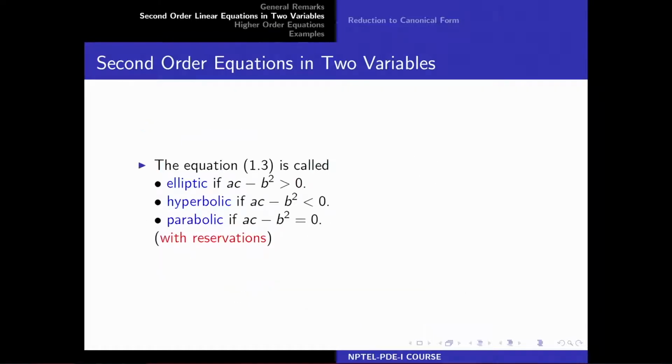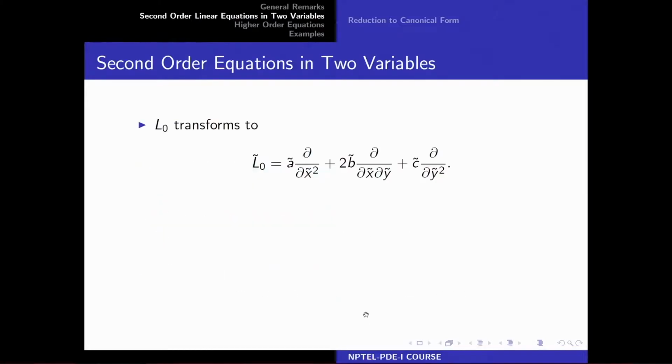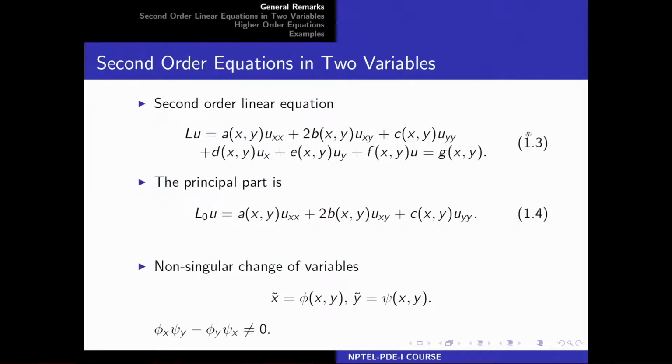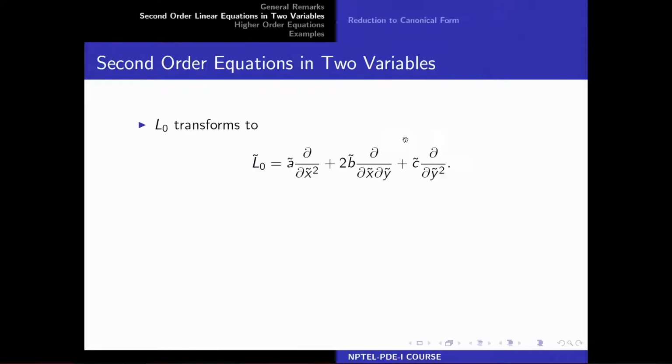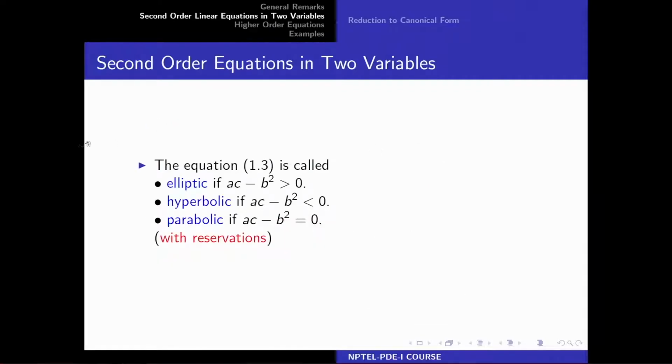And so, you immediately conclude that the equation 1.3, the second order equation, where only the first three terms matter, we call this elliptic if AC minus B square is positive, hyperbolic if AC minus B square is negative, and parabolic if AC minus B square equal to 0, and the last one with reservations.